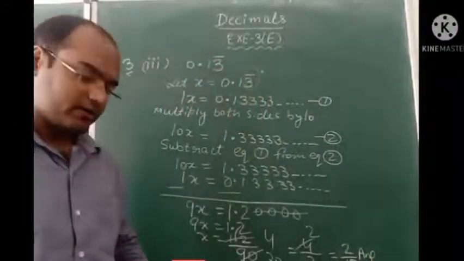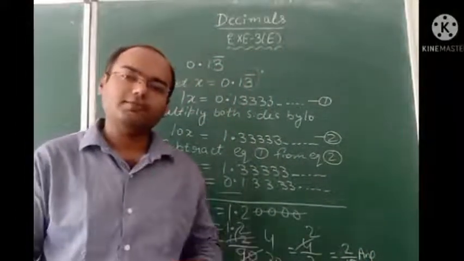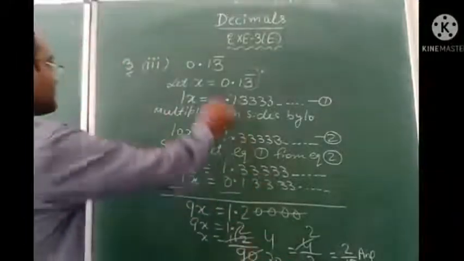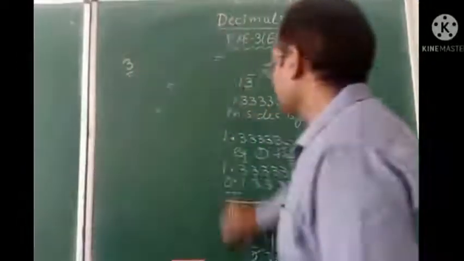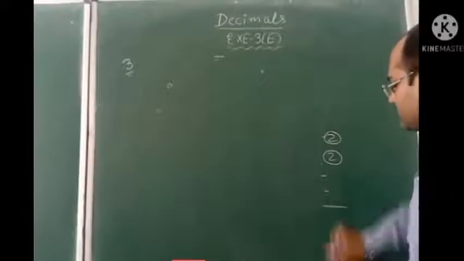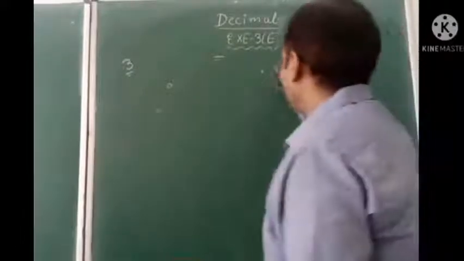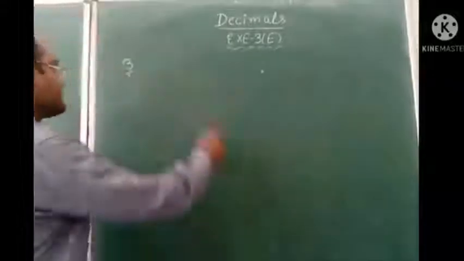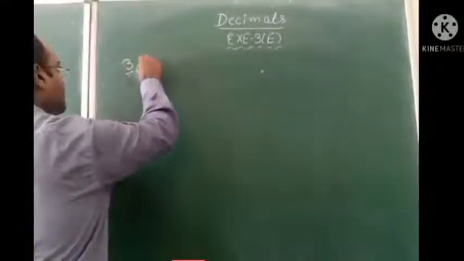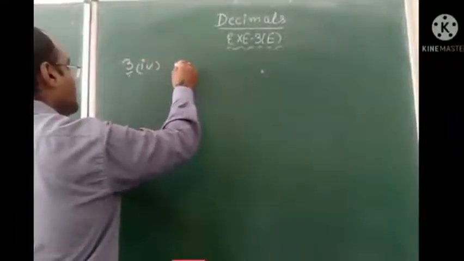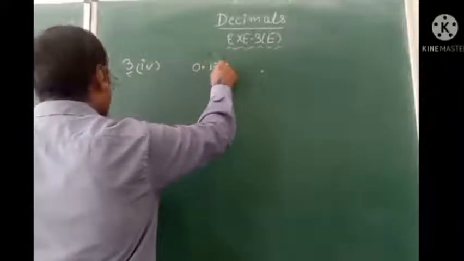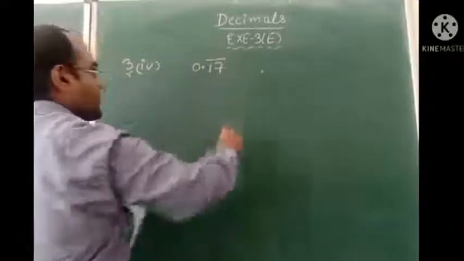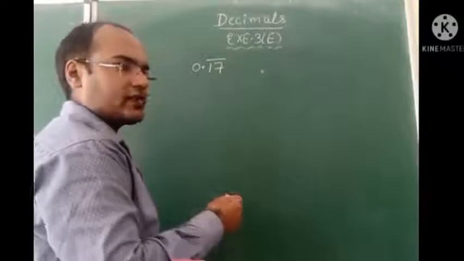Now see another part, number 4. Third question, fourth part. 0.17 and the bar is there on both the numbers, 1 as well as 7.